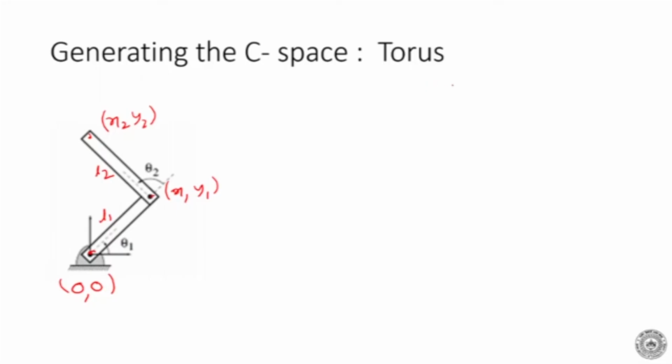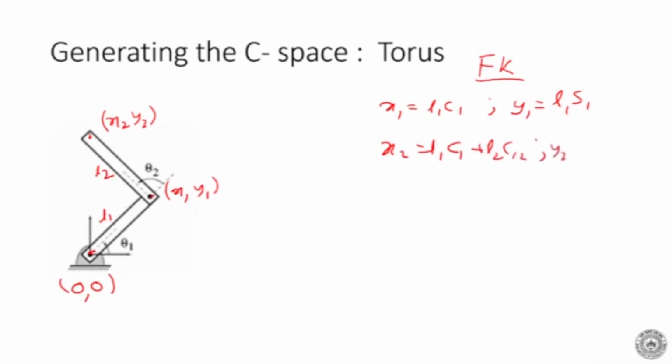How do I get that? From my forward kinematics equations, I know that x1 is equal to L1 cos theta 1, and y1 is equal to L1 sin theta 1, and x2 is equal to L1 cos theta 1 plus L2 cos(theta 1 + theta 2), y2 is equal to L1 sin theta 1 plus L2 sin(theta 1 + theta 2). Okay.